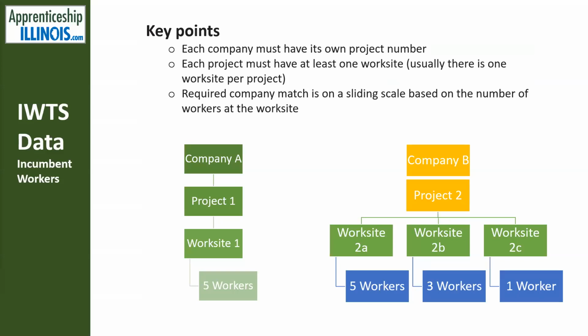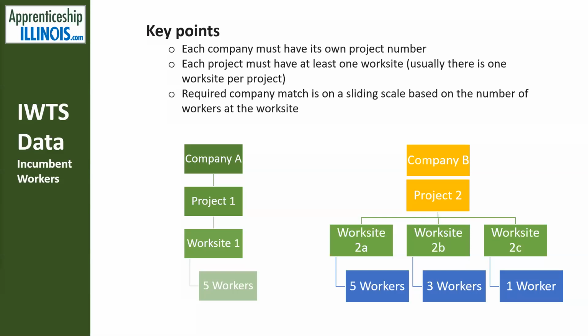A few more key points that we want to talk about is each company must have its own project number. And we have already entered the numbers into the system for your grant. So we are working to make sure that all of those grant numbers are coming through and into the IWTS system for you for this grant for Apprenticeship Illinois. Each project must have at least one work site.